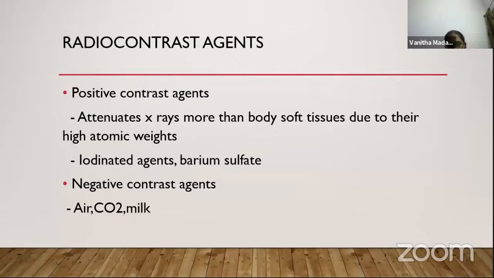Other than that, even I have a doubt, sir, regarding where we use negative contrast agents. No, air is used in the upper end also. If you want to do an enteroclysis, for example, which is a small bowel study, you can use either barium or a water-soluble medium and inject air as a double contrast. Yes, sir.